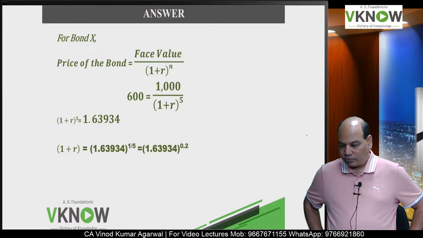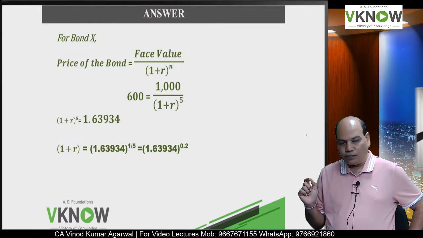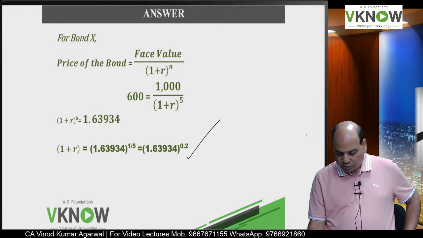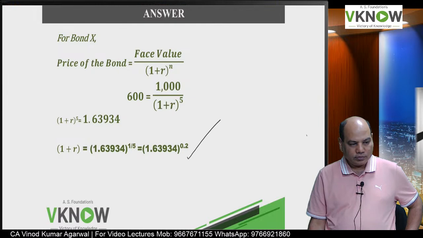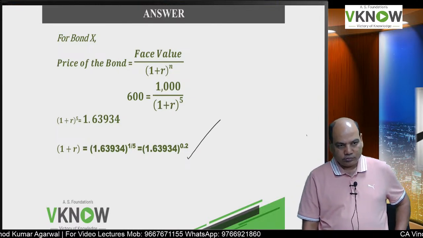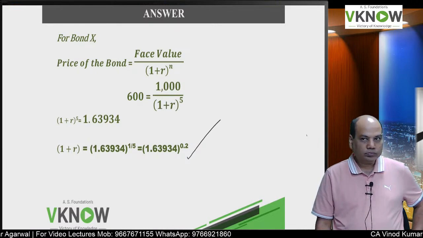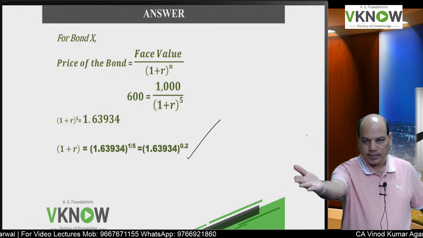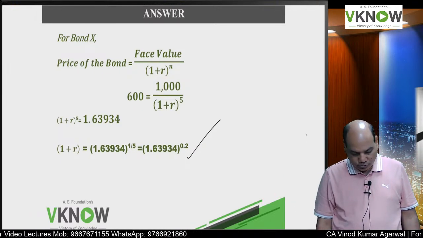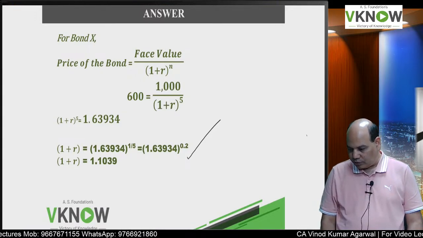So write down 1 plus R is equal to 1.63934 to the power 0.2, and in the question the value of this factor is given. So solve. The value of the factor is 1.1039.